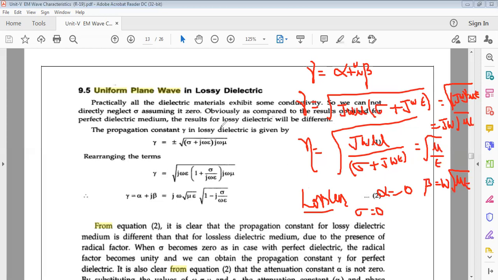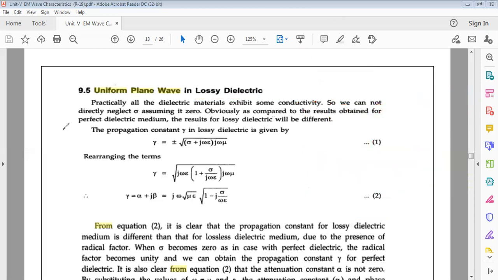Okay, now we can go for deriving the expression for the uniform plane wave in the lossy dielectric. Lossy dielectric means alpha is not equal to 0. Understood, my dear students? Listen carefully. Practically, all the dielectric materials exhibit some conductivity. In the previous lossless case, we took the conductivity as 0.